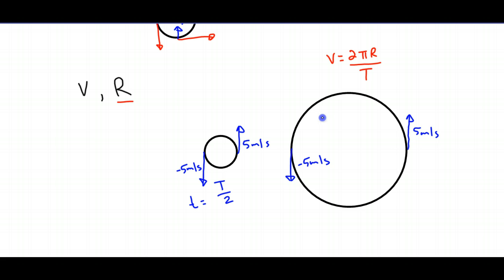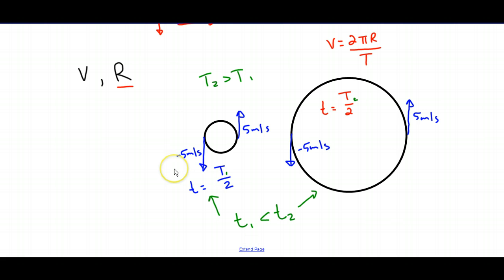So even though here our time is still capital T over 2, I'm going to call this one T1 and this one T2. T2 is much bigger than T1, so therefore the time it takes for this one is greater than the time it takes for this one, right? And so now we see that, remember, acceleration is delta v over delta t.